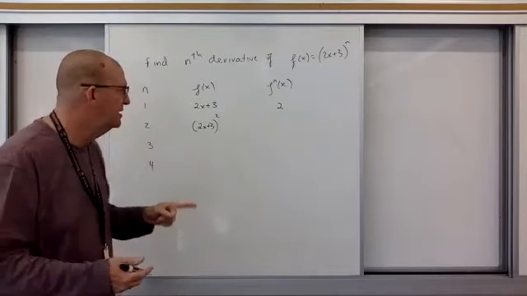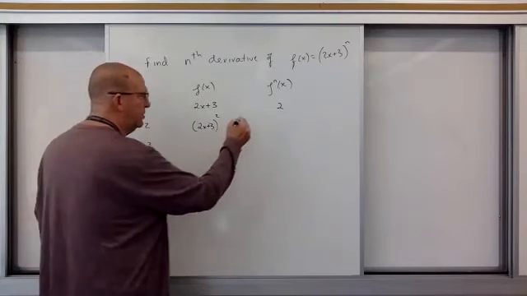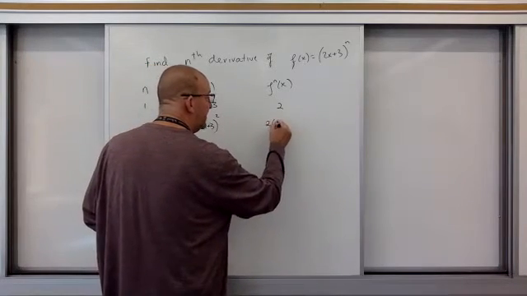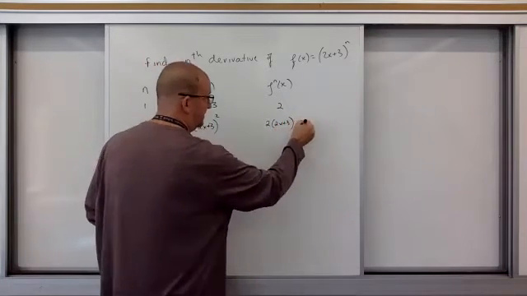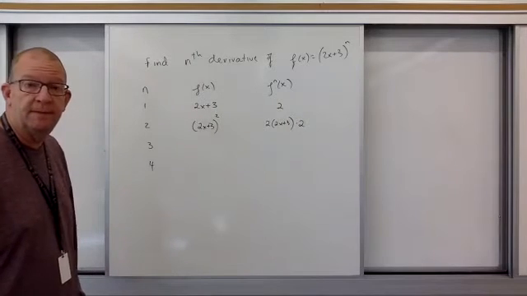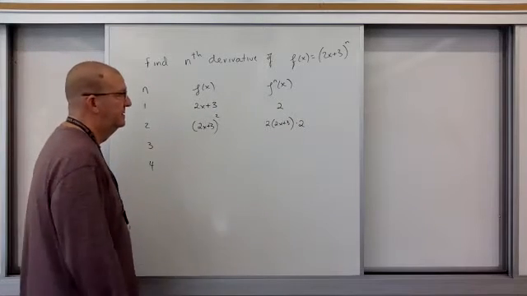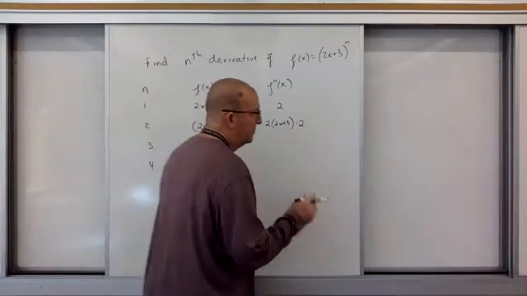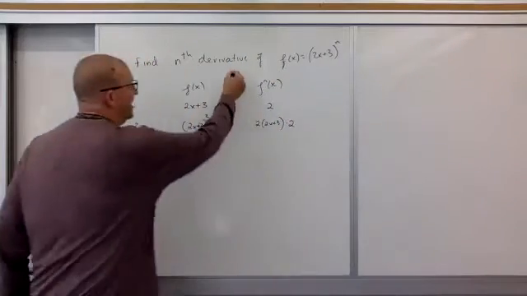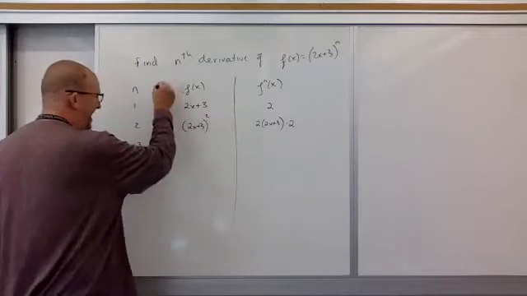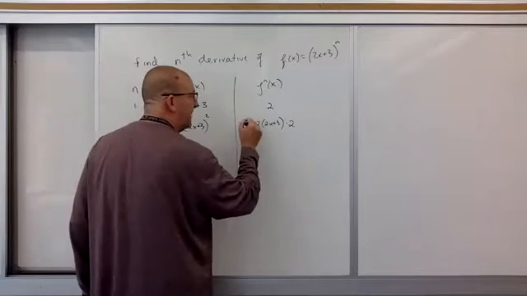And we can do that. So what's the first derivative? Well, the first derivative is going to be 2 times (2x plus 3) times 2. That's the first derivative. So let me pull in another board here because this column is going to be a little wide. There's the first derivative.